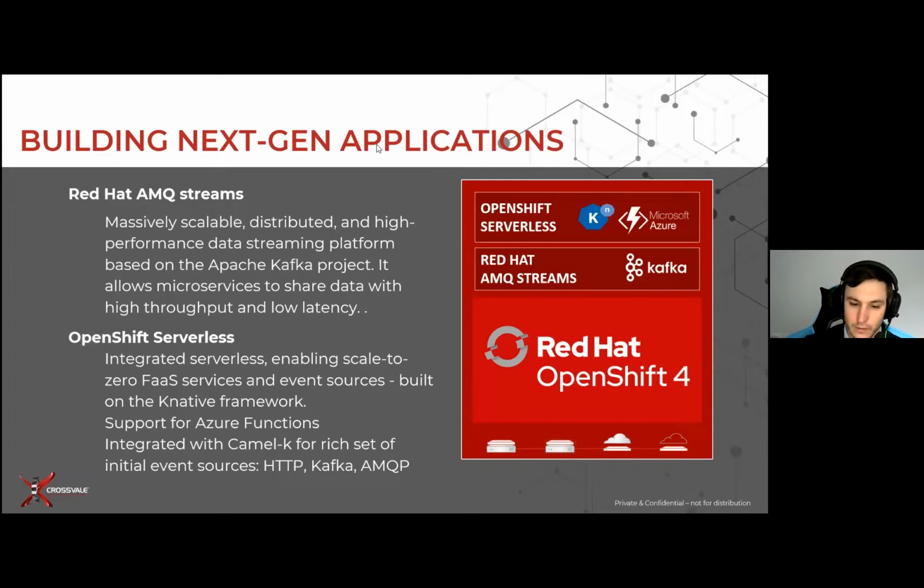And then we are going to use, first of all, the Red Hat OpenShift streams, which is a scalable, distributed, and high performance data stream service. And then we are also going to use the JFrog Data Grid product. All of this deployed in OpenShift.